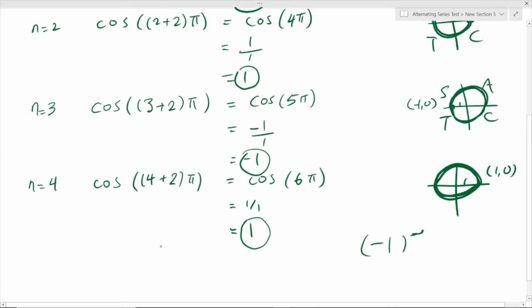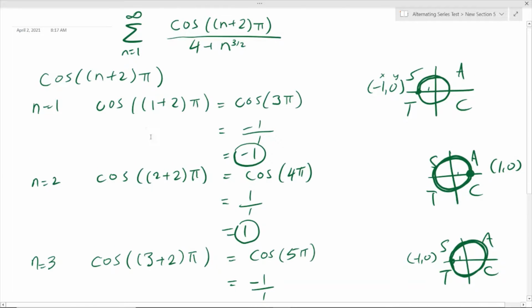So that means we can rewrite this numerator as something. So we can rewrite it as -1 to some sort of exponent there, and that can be n minus 1, n plus 1, or just n, or something like that.